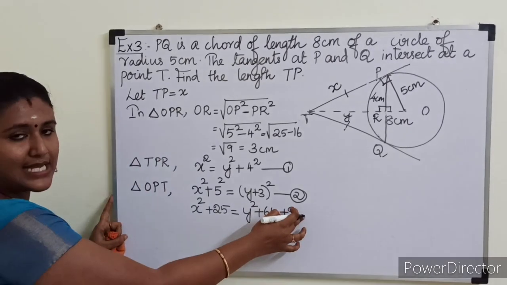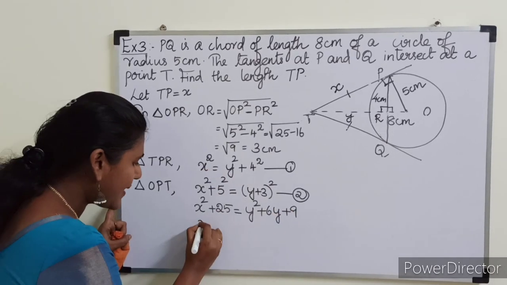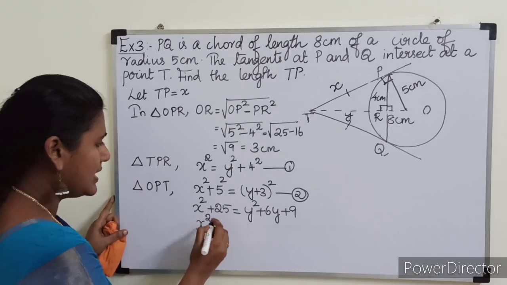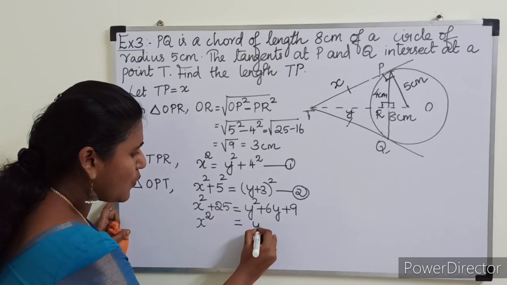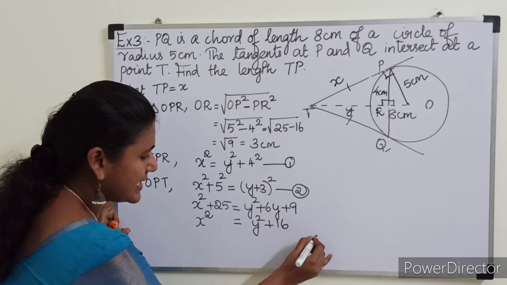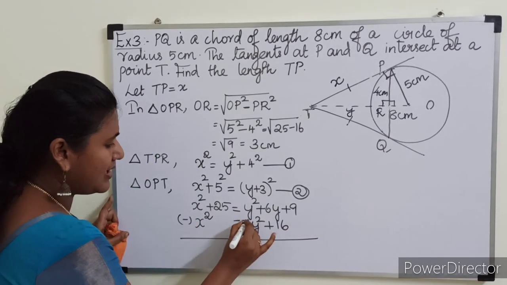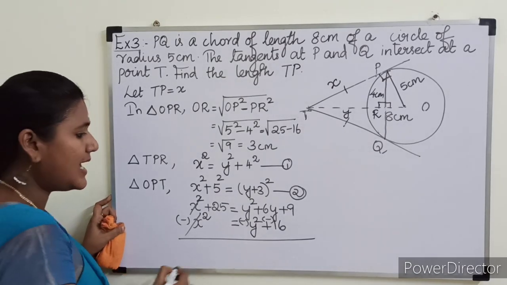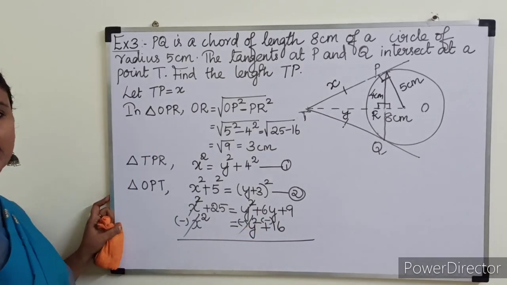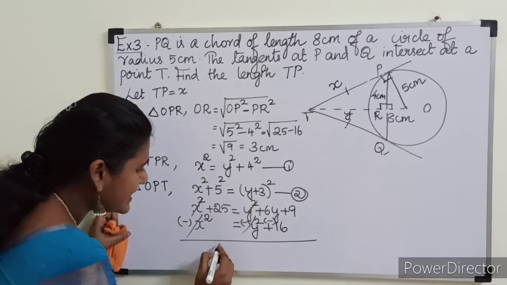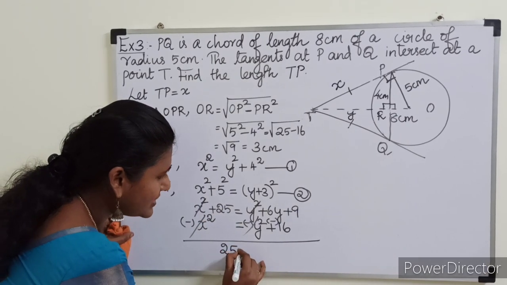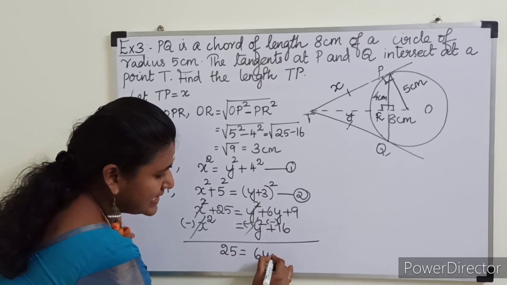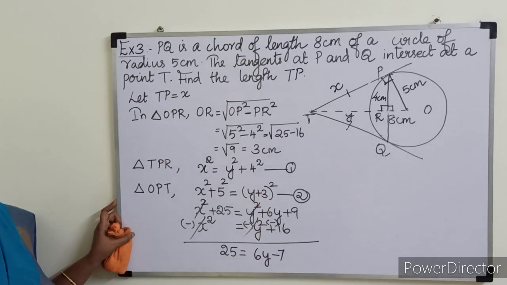Now we subtract the first equation, x square is equal to y square plus 16, from the second one. The x square term gets cancelled and the y square term also gets cancelled, and what remains is 25 is equal to 6y minus 7, since 9 minus 16 is minus 7.